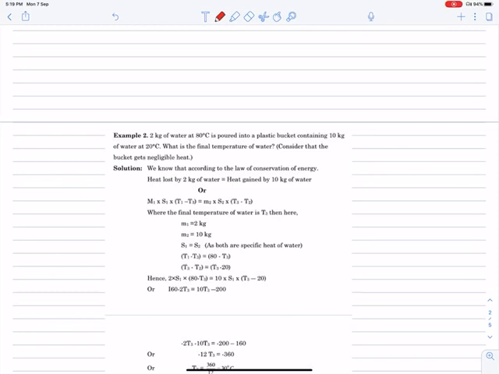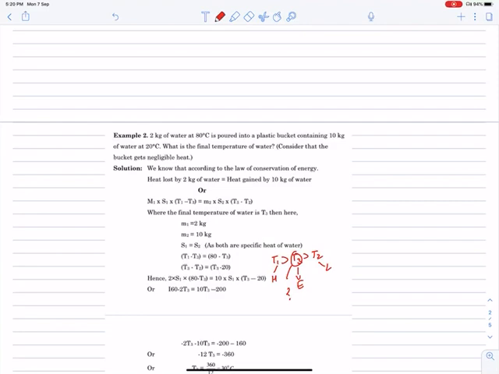What I meant to say is that T1 is greater than T3, which is greater than T2. This is the higher, this is the lower, and this is the equilibrium. So you have to calculate this.